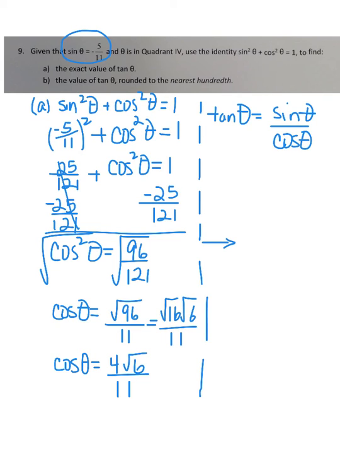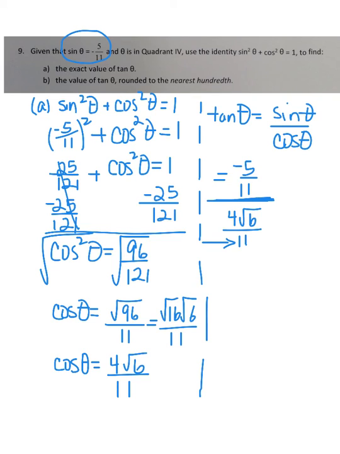So I know the sine value. My sine value is negative 5 over 11. And I know my cosine value, I just found that. That's 4 radical 6 over 11.